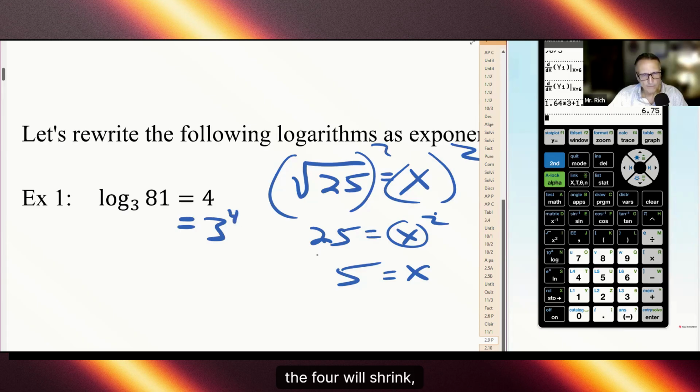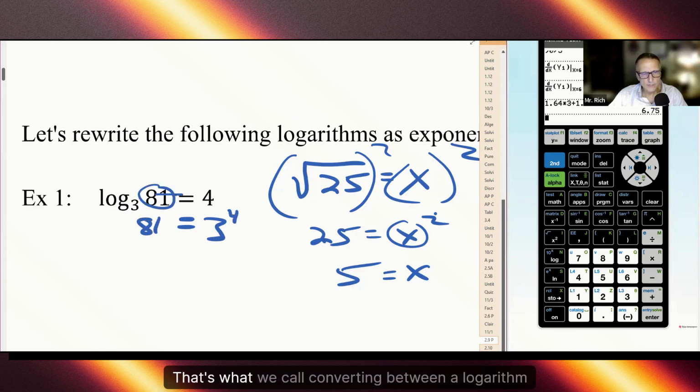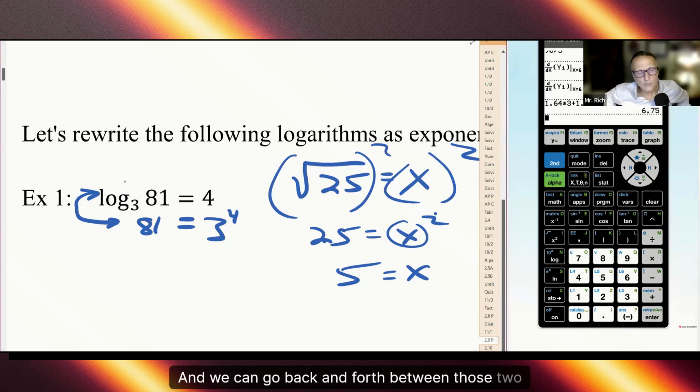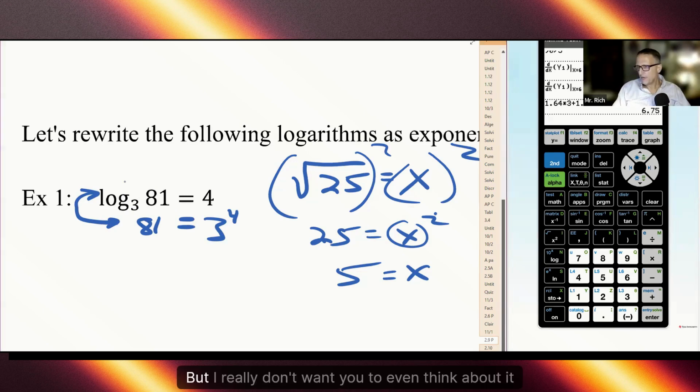The 4 will shrink and become the exponent, and you leave behind the 81. That's what we call converting between a logarithm equation and an exponential, and we can go back and forth between those two forms. But I really don't want you to think about it in those terms. I want you to think of logarithms and exponentials as inverse functions of each other. And here's what I mean.